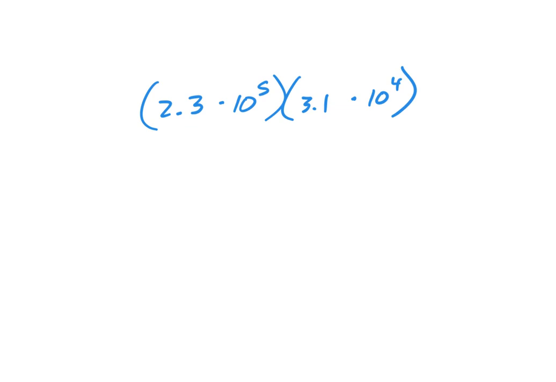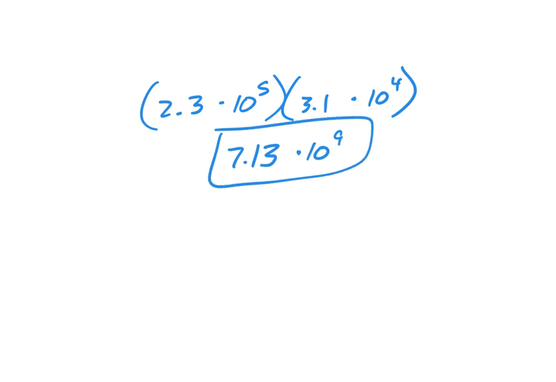We're going to multiply these two numbers together. So if I take 2.3 times 3.1, what's that give me? 7.13. Okay. And when I multiply 10 to the 5th times 10 to the 4th, what's that going to give me? Yeah, you're just going to add the exponents together, and that would be 10 to the 9th.